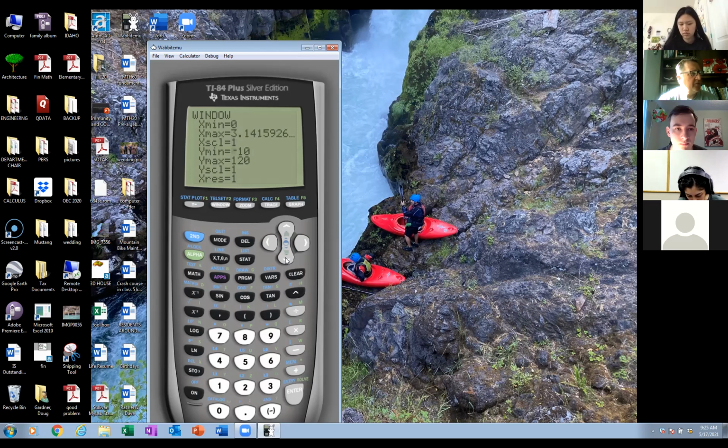And since our area was like 9, I'm going to say, I guess I'll try -10 to 10. So this is not the graph. This is a function that tells us the area.